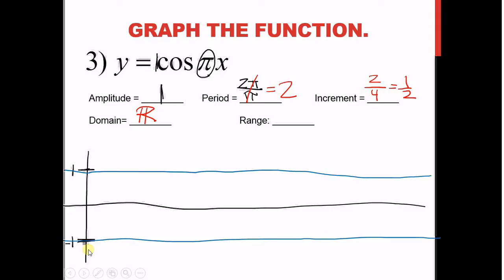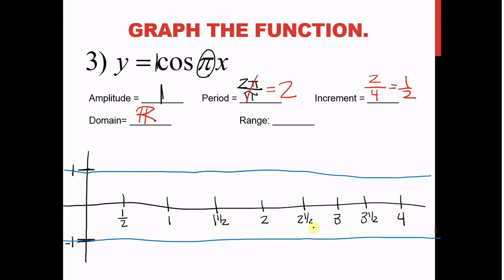So then, let's start making my increments. My increments are in halves. So I'm going to have 1/2, 1, 1.5, 2, 2.5, 3, 3.5, 4. Notice I went 2 full periods. Always make sure you count 2 full periods, okay?